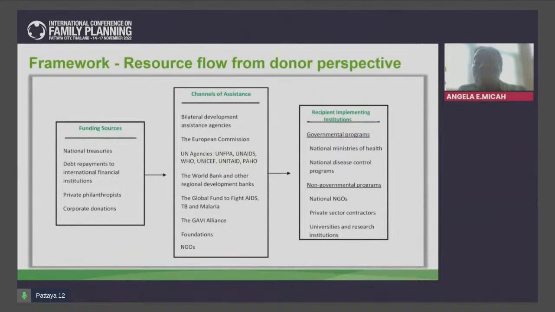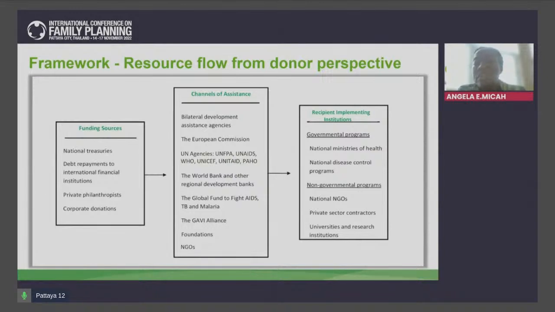These are what are considered the originating sources of funds. And these are passed through international development agencies, which include the bilateral agencies, UN agencies, the multilateral development banks, the Global Fund, Gavi, foundations, as well as NGOs.